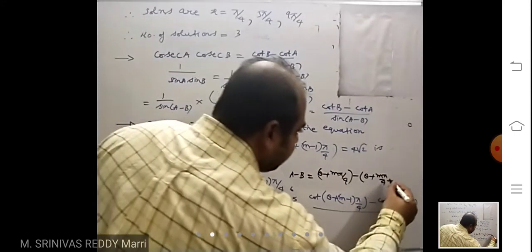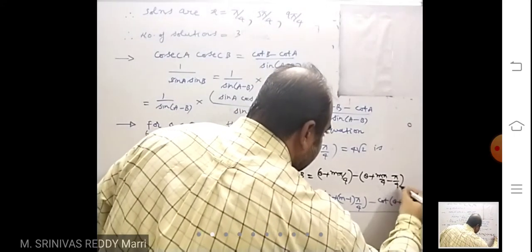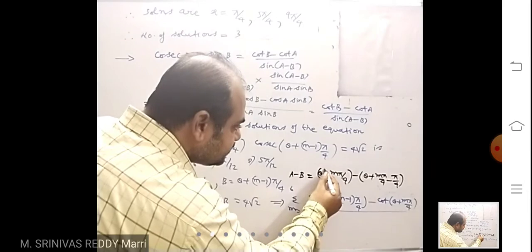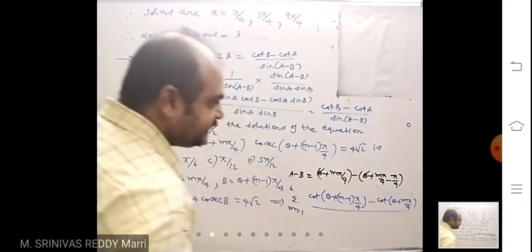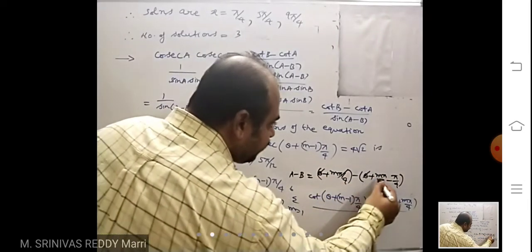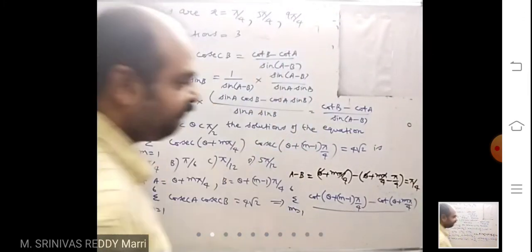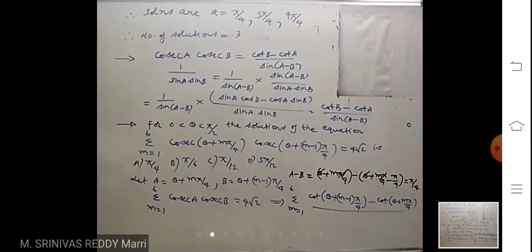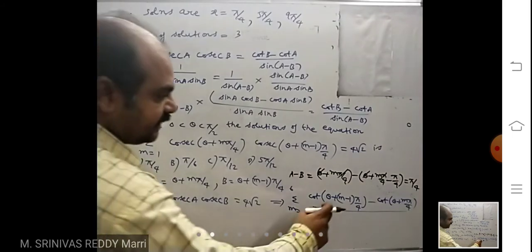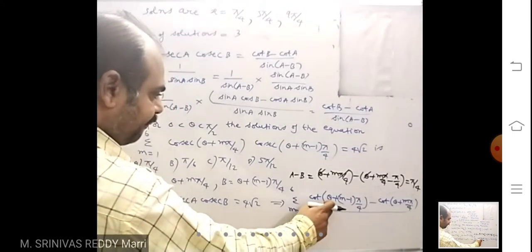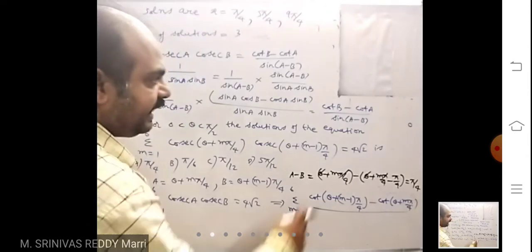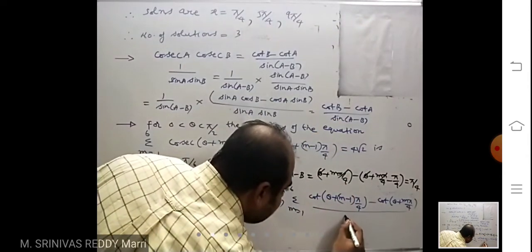This theta will get cancelled, m pi by 4 will get cancelled. What will you get? Pi by 4. A minus B is pi by 4.